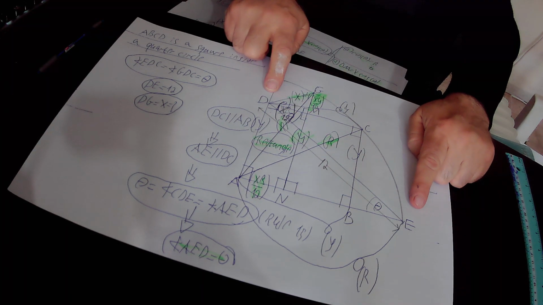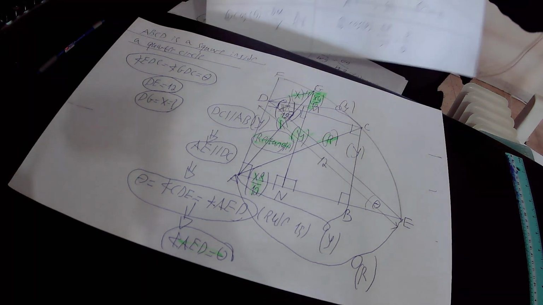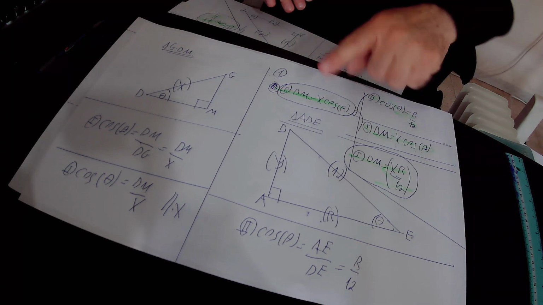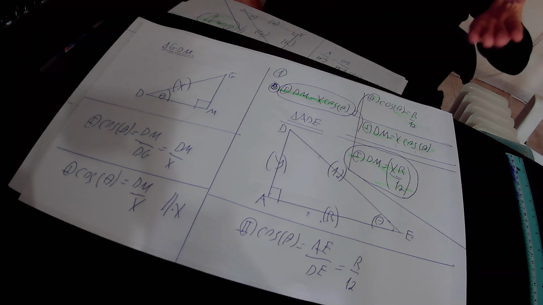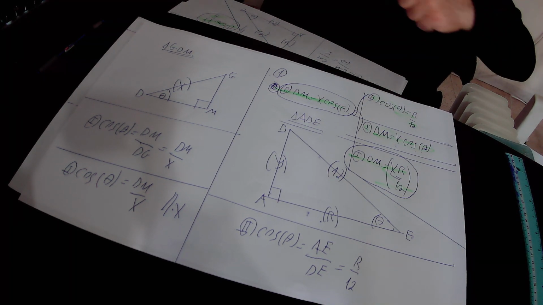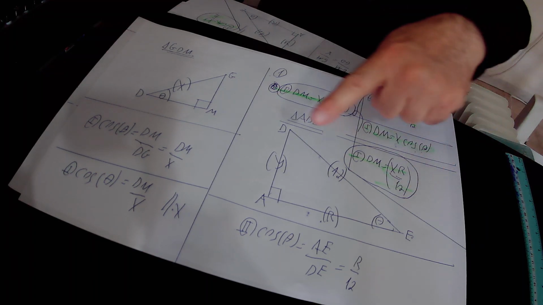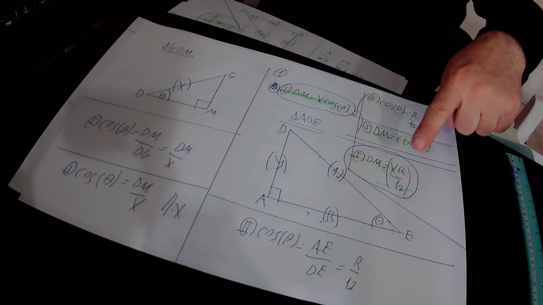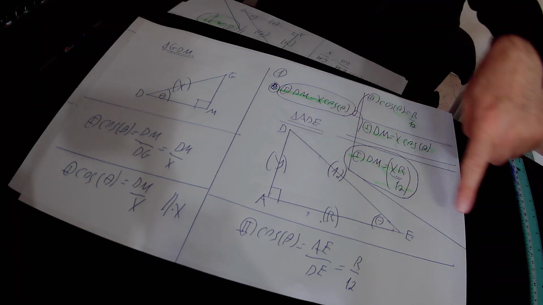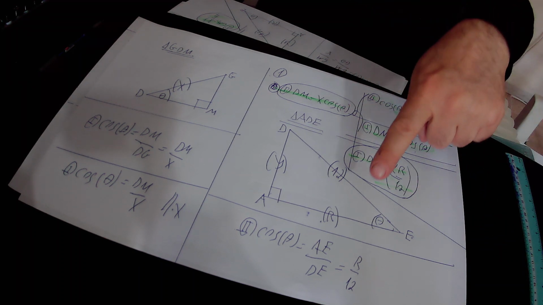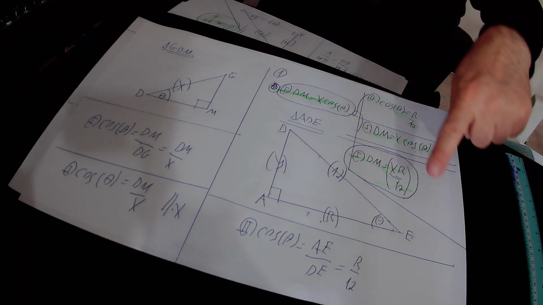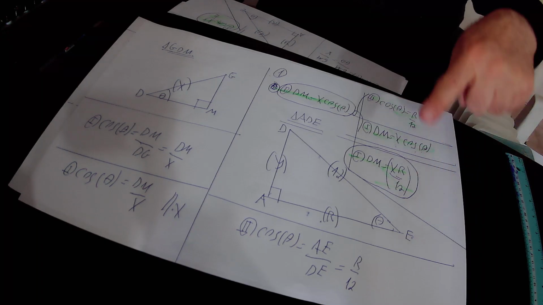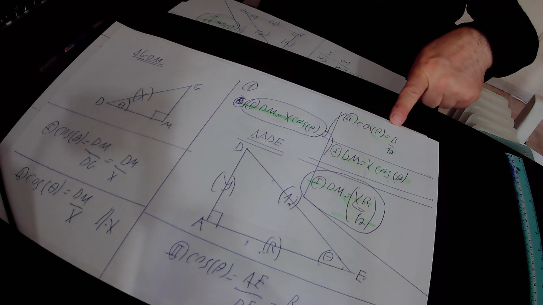And the hypotenuse DE equals 12 units in length, according to what is given in the question. So this is right triangle ADE that I got from the original drawing. In this right triangle ADE, it is very easy to see that cosine theta equals AE over DE. AE is R, DE is 12, so in total cosine theta equals R over 12.